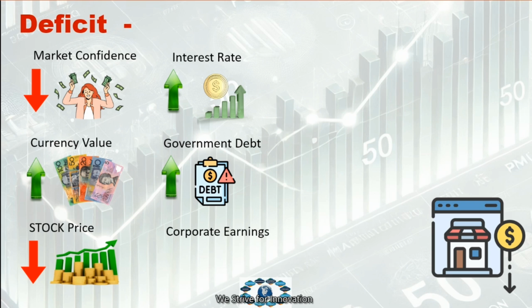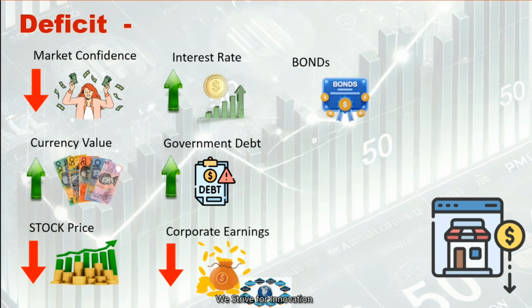A deficit can squeeze corporate margins if the country becomes too reliant on expensive imports, so corporate earnings will go down. How about the bonds? The bond here will fall. A deficit might hurt bonds, particularly if the country has to raise interest rates to attract capital, so the bond price will go down.